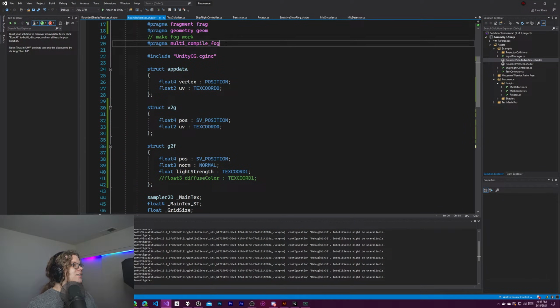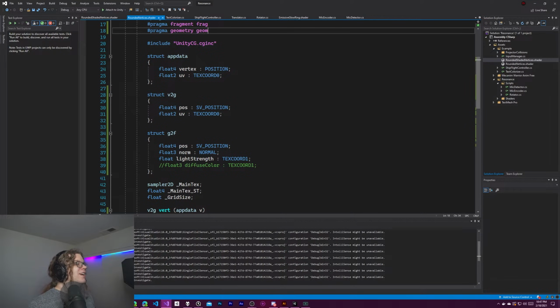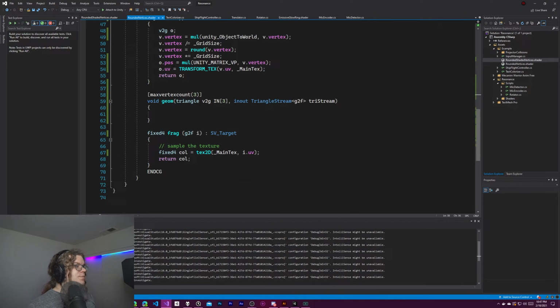And what else? Speaking of getting rid of fog, let's just get rid of that because I don't want to deal with it. And the shorter we can make this, the better, I feel like, because geometry shaders already get weird. So light strength is what we're going to be using.